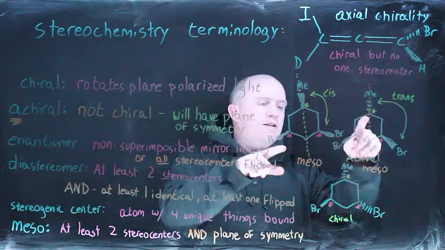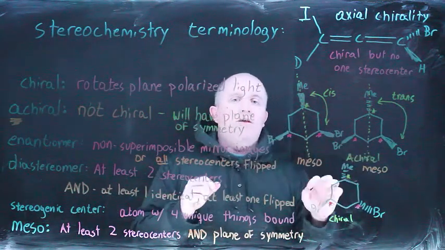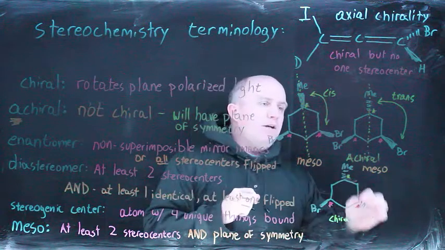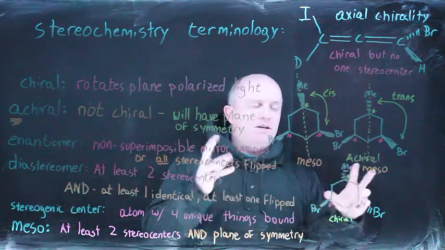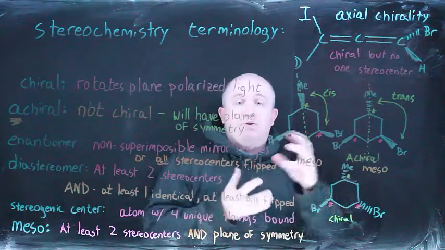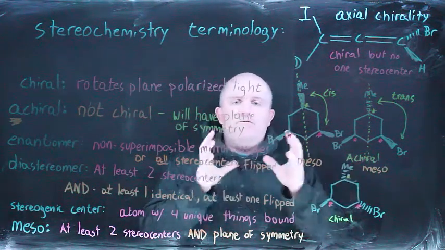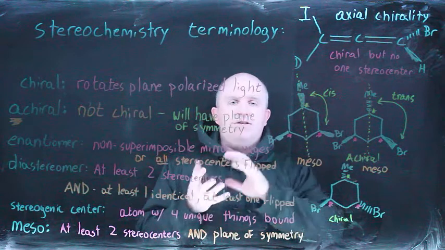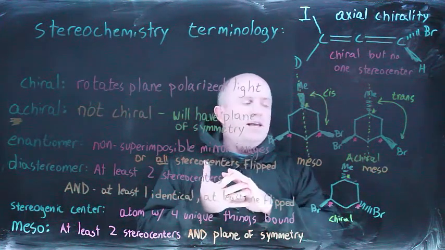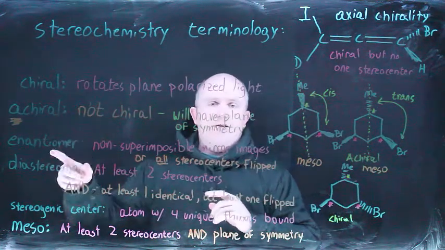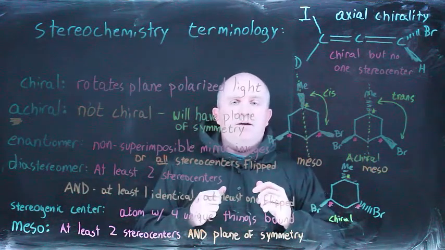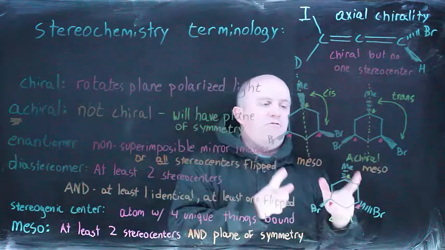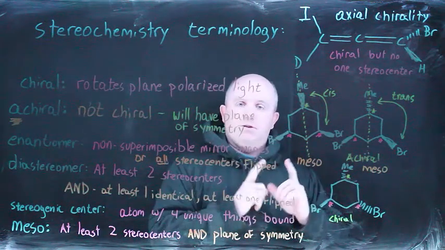If you were to look at any two of these molecules relative to each other, they would have different boiling points, they would have different melting points, they would have totally different NMRs, there would be subtle differences there, they would have different polarities. Diastereomers are fundamentally different molecules. They have different properties in any way that you would measure them. That's not true for enantiomers. Enantiomers, the only difference is they rotate plane polarized light in opposite directions. But diastereomers, again, fundamentally different molecules with totally different properties.